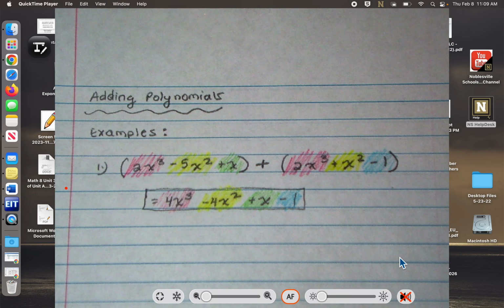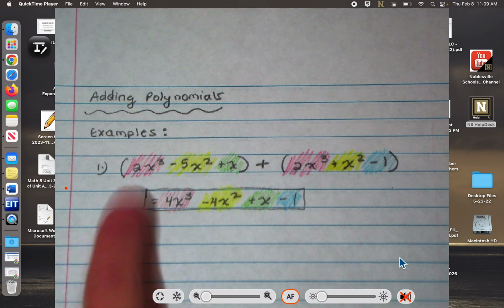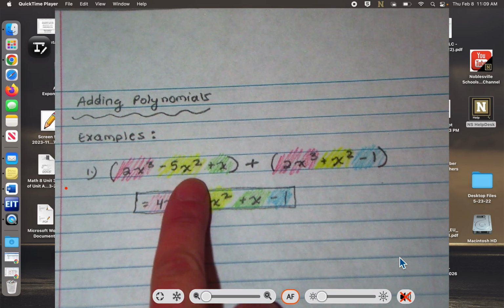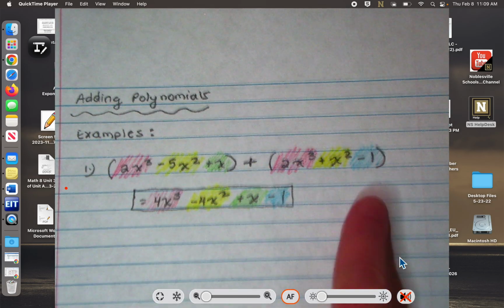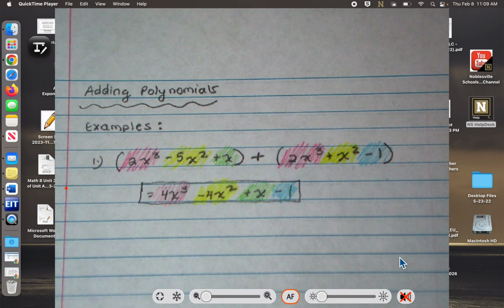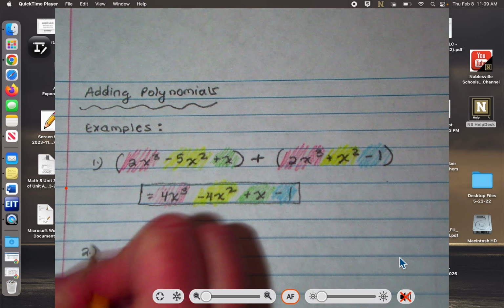A like term is same exponent, degree, same variable. Okay, and then you just combine them. 2 of these plus 2 of these gives me 4 of them. Negative 5x squared plus 1x squared gives me negative 4x squared. Right, so we're combining like terms. Those terms have very specific requirements to be considered like terms. Let's try another one.